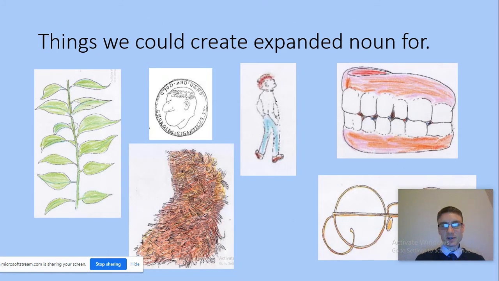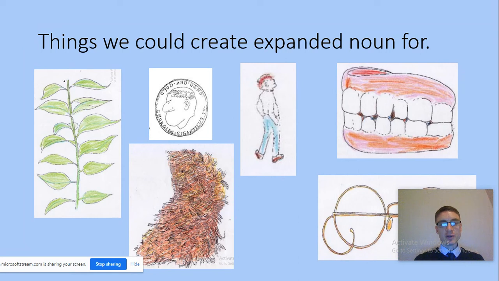So what I want you to do is, these objects were important to the story. The beanstalk, the coin, Jim himself, the giant's wig, the teeth, and the glasses. I want you to create expanded noun phrases for those things. Maybe before you do, you might want to write down some adjectives to describe each of those things.